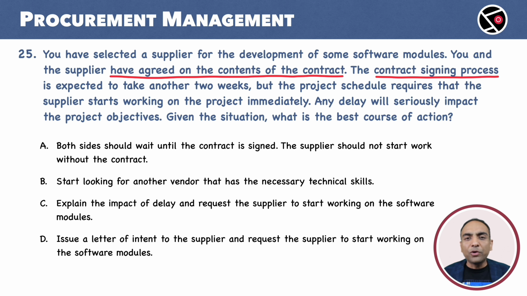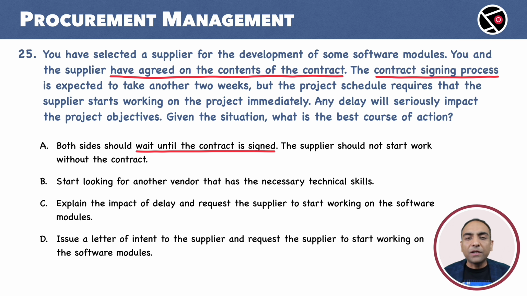A. Both sides should wait until the contract is signed. The supplier should not start work without the contract. Yes, ideally, the seller should start working only after the contract is signed. It is indeed risky to proceed without a contract.